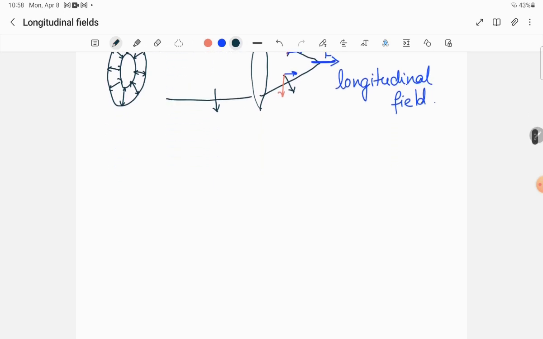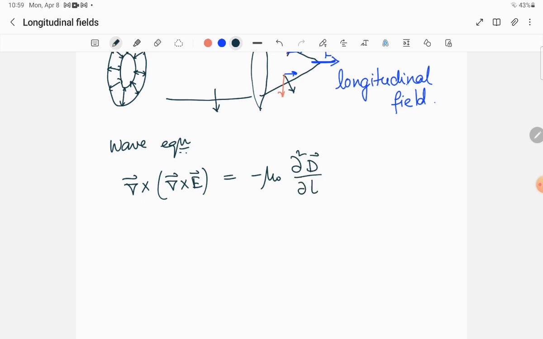Now how does this fit into our plasmonic discussion? For that, let's go back to our wave equations. The wave equation, if you remember, is the curl of curl, which arises when you substitute the H in the curl relationship, and you get to this form where you have minus del square D del T square.